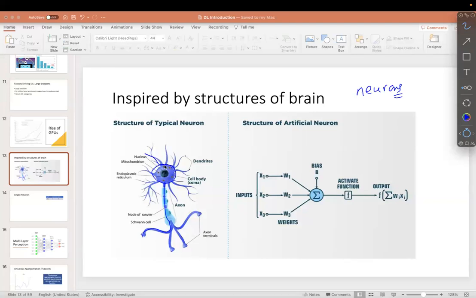And these neurons have a function. A neuron receives the signals from the other neurons, transforms the signal, and sends it to the next level of neurons.